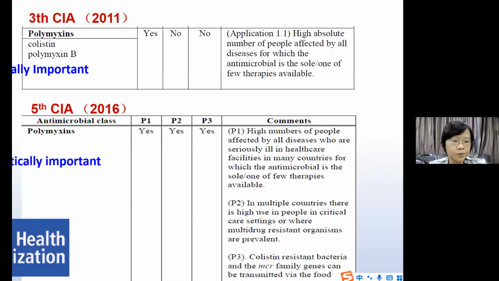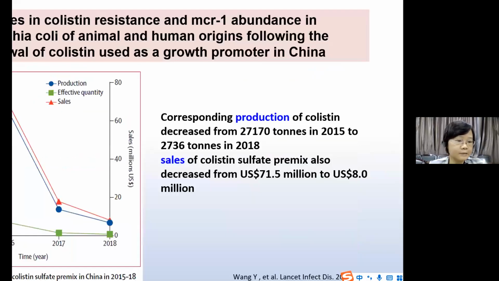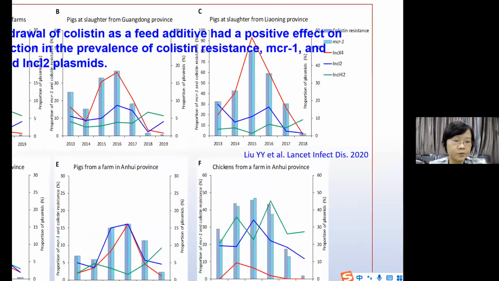WHO adjusted its priority for the important resistant drug from important to critically important. And the changes of the policies have great impact on colistin resistance. According to the survey in China, the production and sales volume of colistin reduced by 8 times.